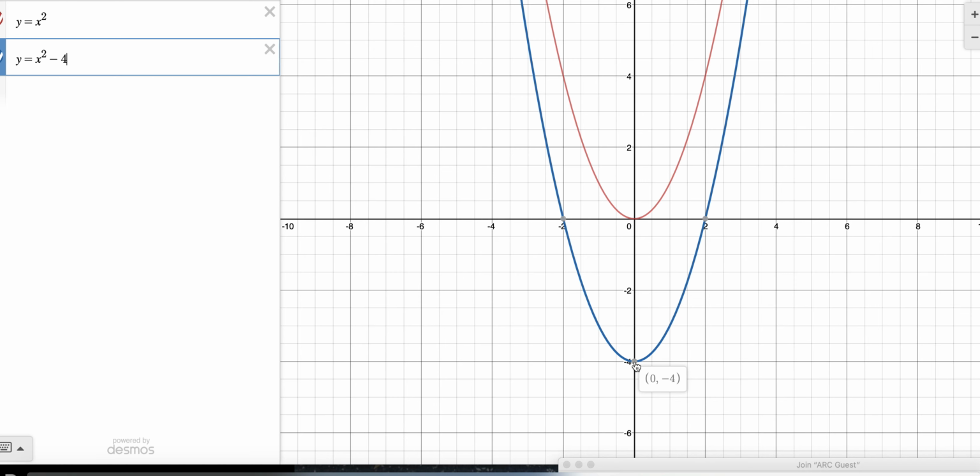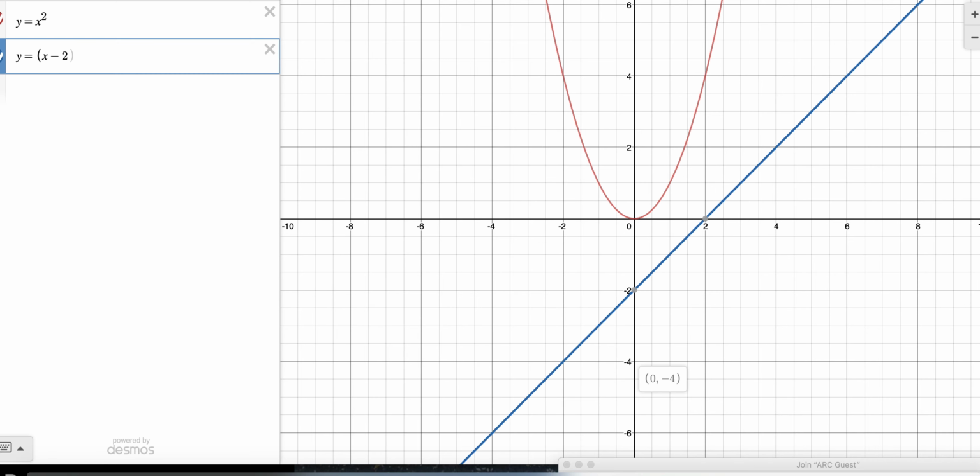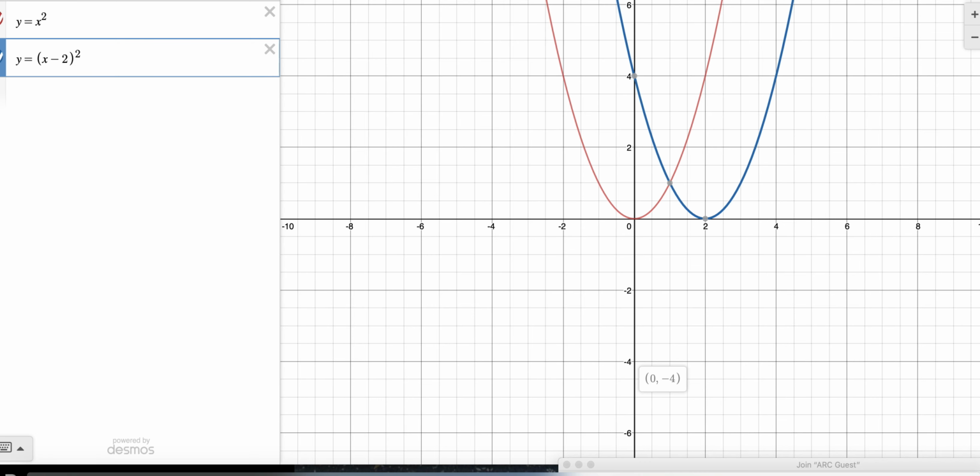Now, what we're getting confused about in the discussion area is what happens when I do it inside of the x value. Let's say I have x minus 2, and I'm going to square that. Most students are saying that they believe that is going to shift it to the left 2. That's not the case.